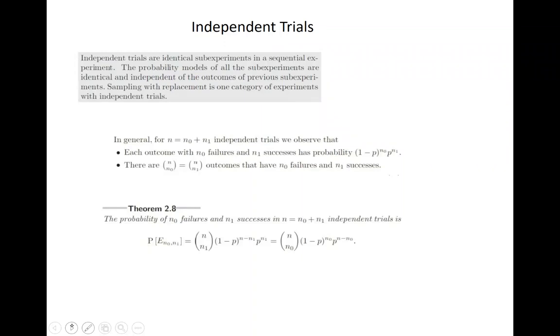In general, we have n independent trials where we have n0 failures and n1 successes. The probability of each outcome in this case is going to be (1 minus p) to the power n0 times p to the power n1.